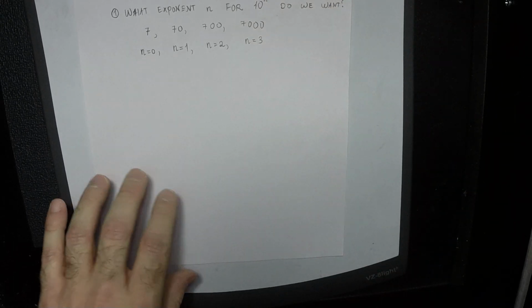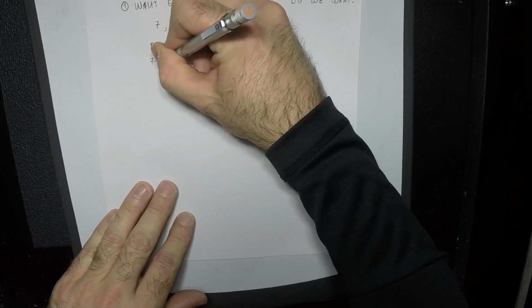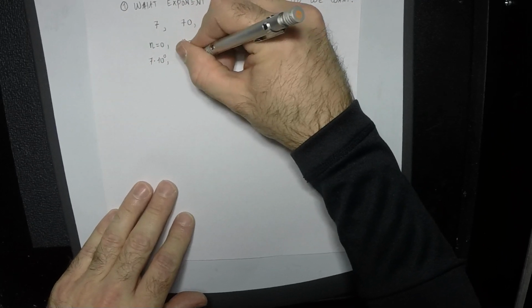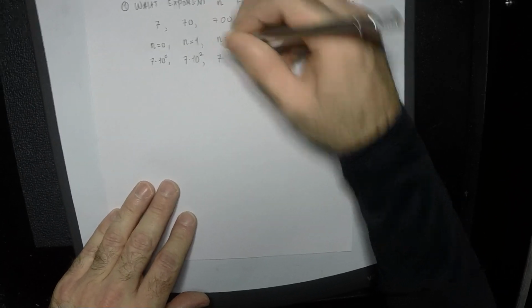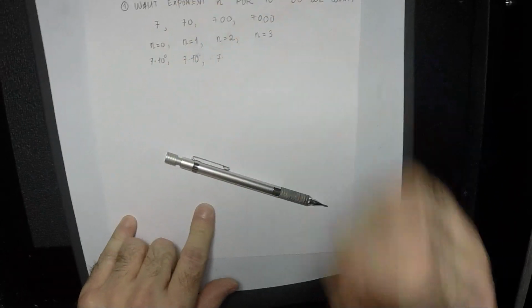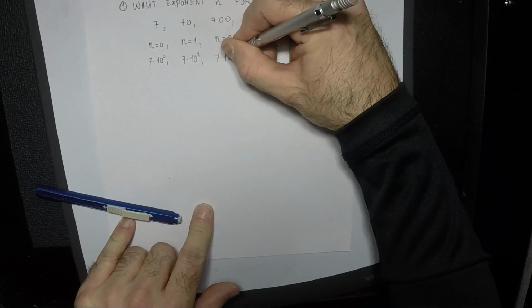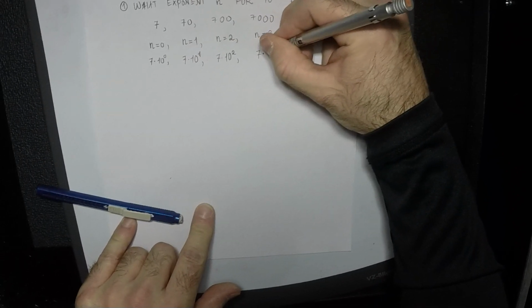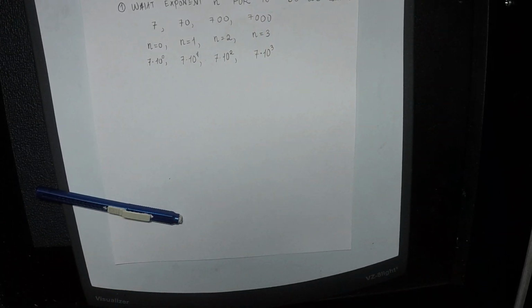In the sense that 7 is 7 multiplied by 10 to 0, 70 is 7 multiplied by 10 to 1, 700 is 7 multiplied by 10 to 2, and this one is 7 multiplied by 10 to 3. So the answer to this question is that the n we were looking for is 2.